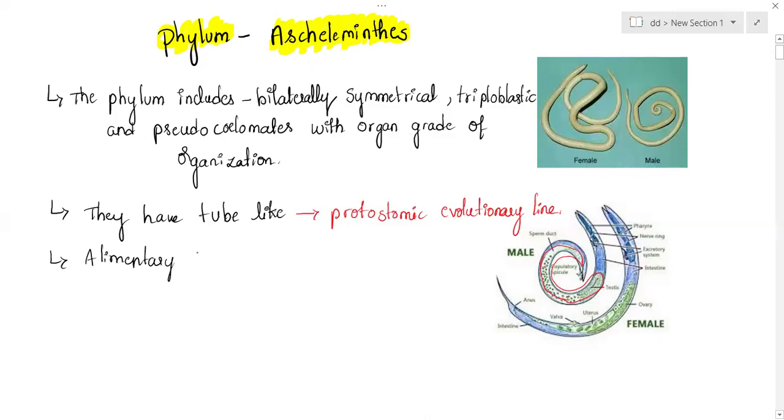Exactly. The alimentary canal is complete. How is it complete? They have both mouth and anus. Exactly. Well developed. They have a muscular pharynx.